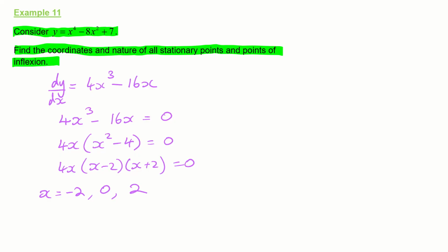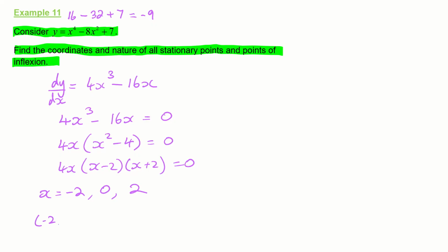Now, if x is negative 2, we're going to get 16, take away 8 times 4, which is 32, add 7. And so that gives us negative 9.